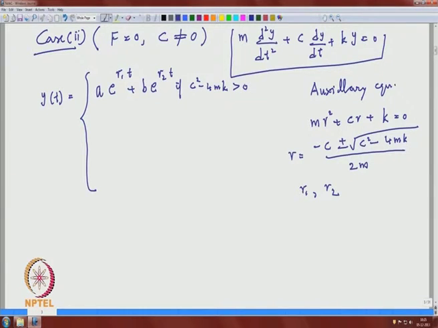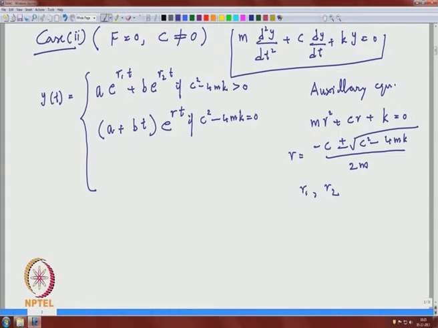If it is a double root, we know how to find solutions, which we will see later: A and B are arbitrary constants, and the solution is of the form (A plus B t) e power r t, when c square minus 4mk is equal to 0.